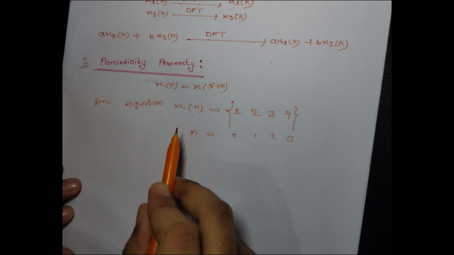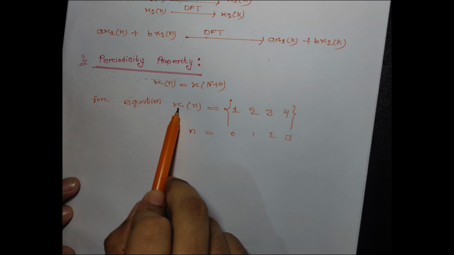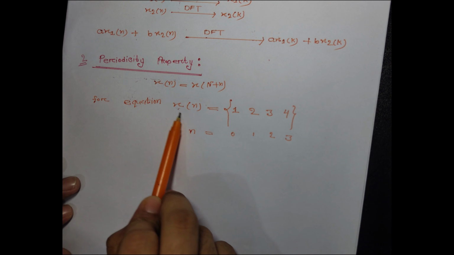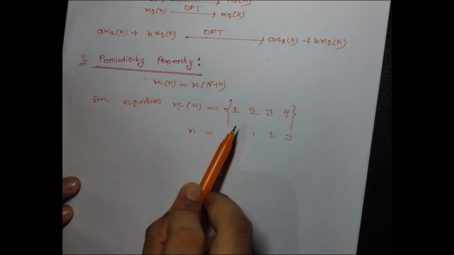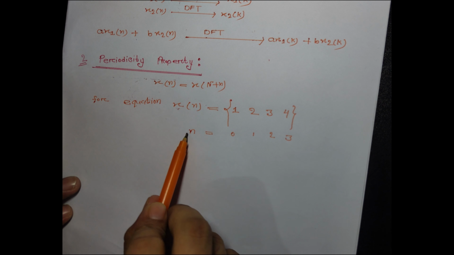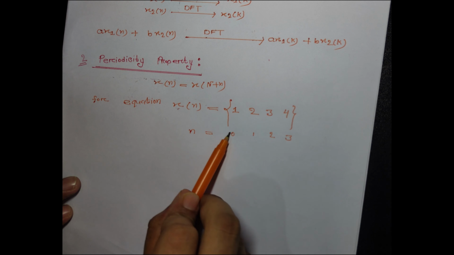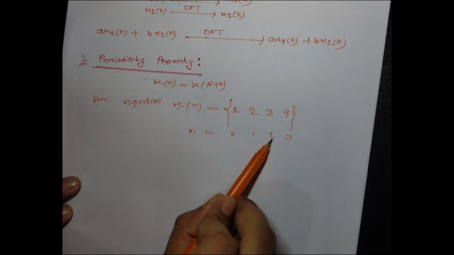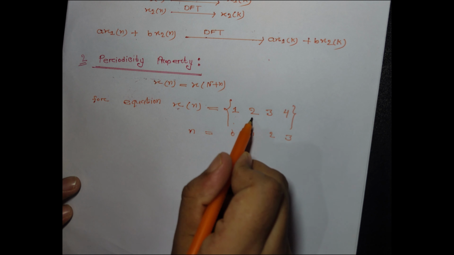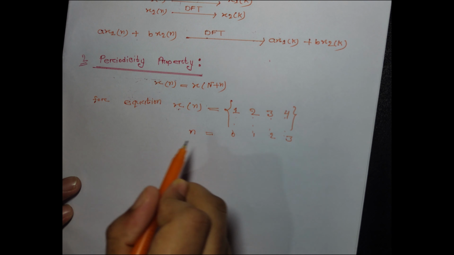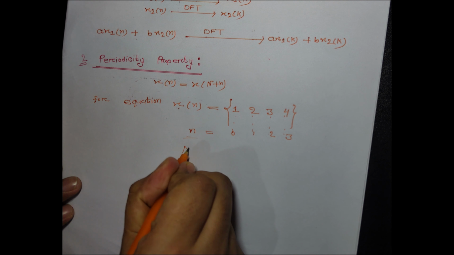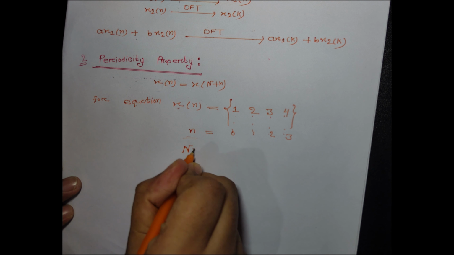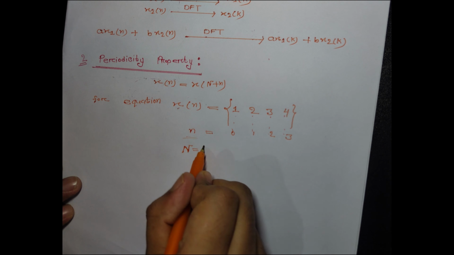For example, if a signal x[n] equals 1, 2, 3, 4, the position of each value is small n equal to 0, 1, 2, 3. Here n means position, and the value of capital N is equal to 4.